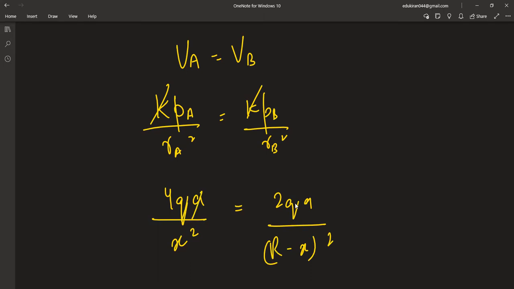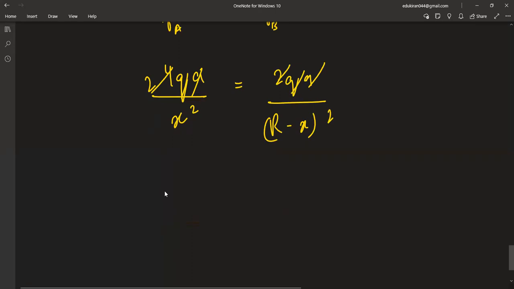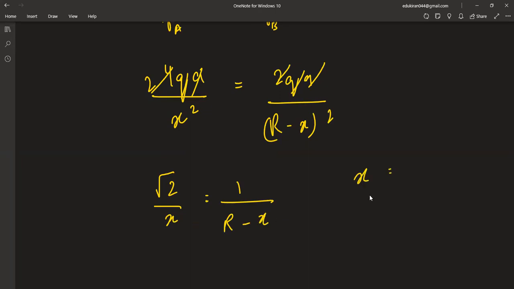So qa gets cancelled. Let's take root on both sides. So this becomes root 2 by x equals 1 by r minus x. So what is the value of x we are getting from here?